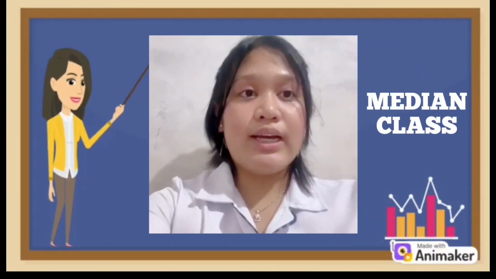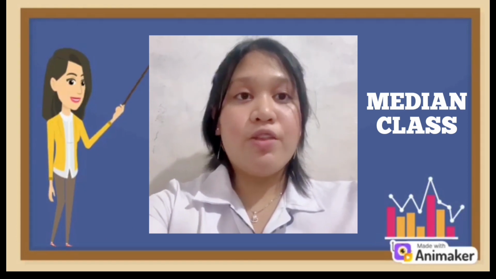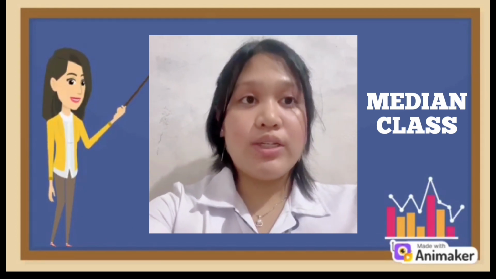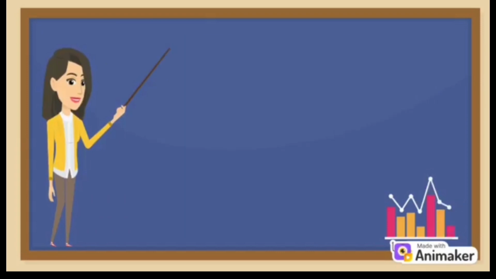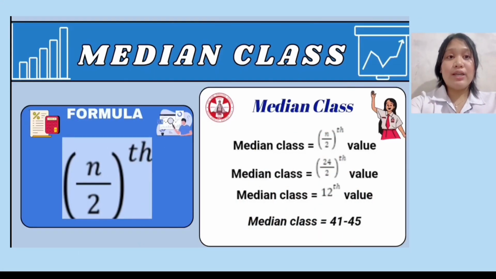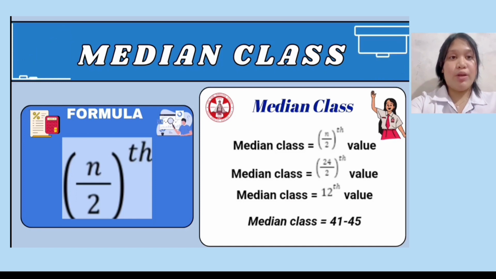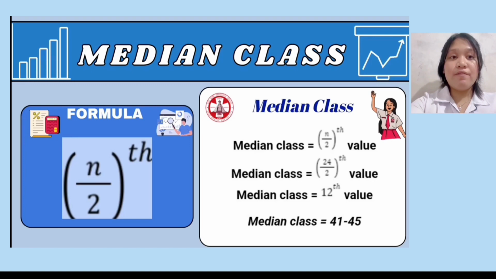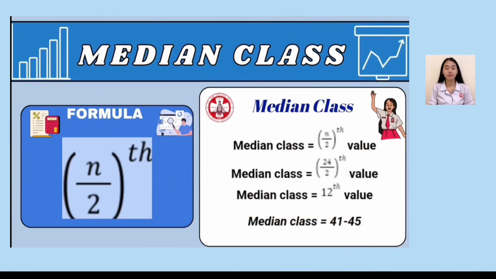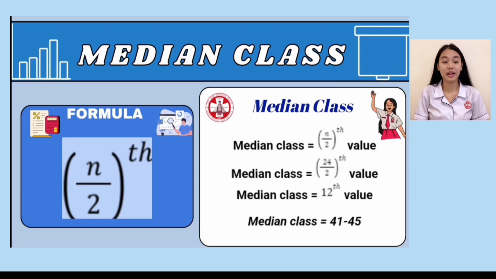Let's find the median class in our distribution table. To find the median class, we will use the statistical formula. Median class equals n, or the total frequency, divided by 2. This will give us the answer of 12. To locate the 12th value, refer to the less than cumulative frequency table.